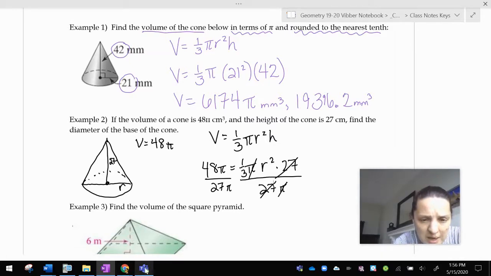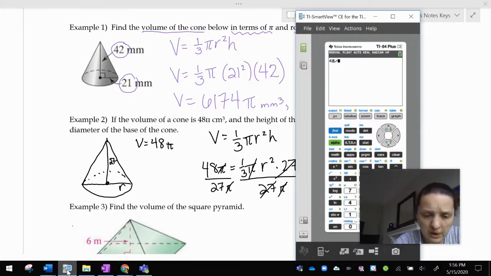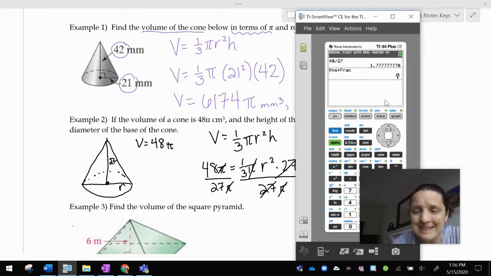So 48 pi divided by 27 pi, my pi's will go away. 48 divided by 27 is, oh, that's a yucky looking decimal. So I am going to math frack it and get 16/9.